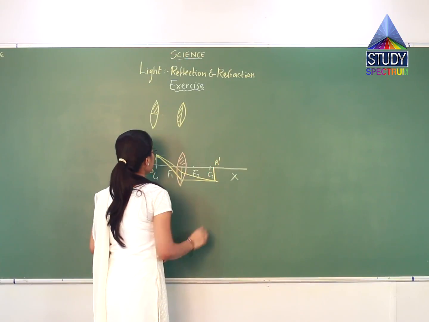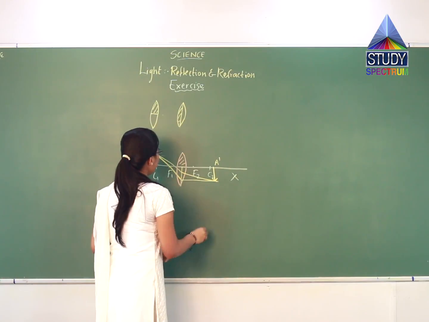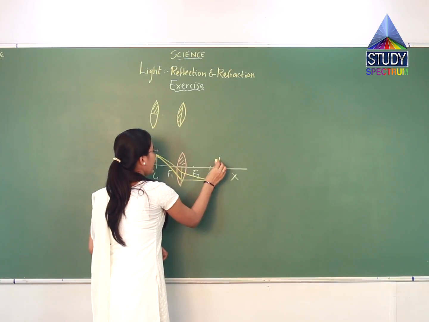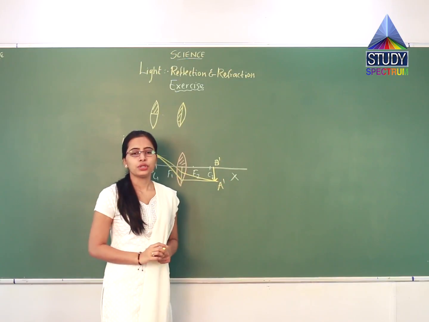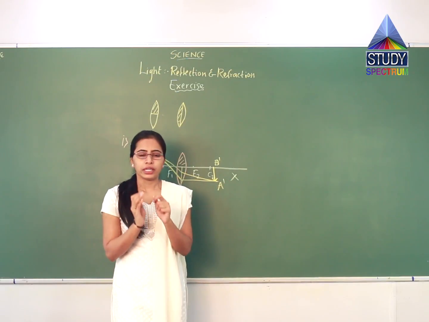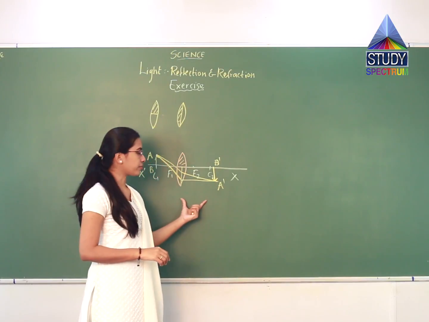So it is A dash, it will be inverted image obviously, so it will be B dash and A dash here. So you can see definitely you will get the image, but in this way.